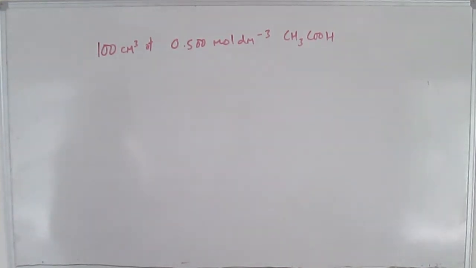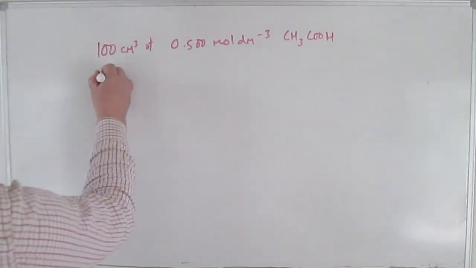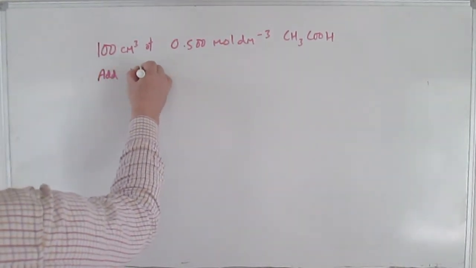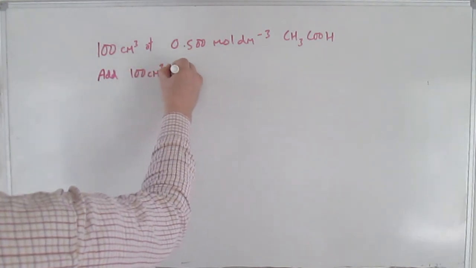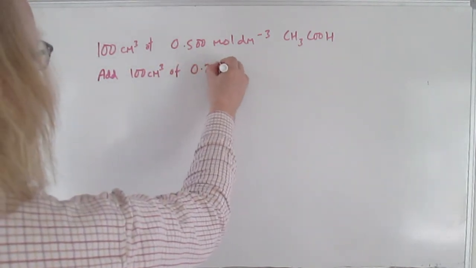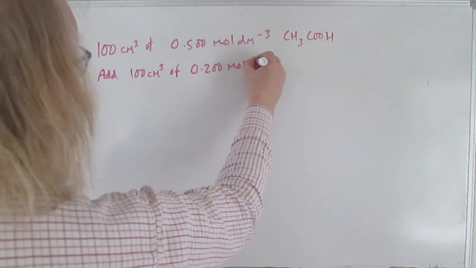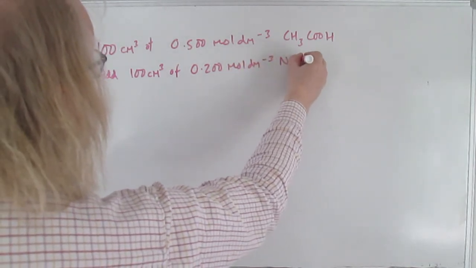But we can turn it into a buffer by neutralizing some of it. So we're going to add 100 cm cubed of 0.2 moles per dm cubed sodium hydroxide.